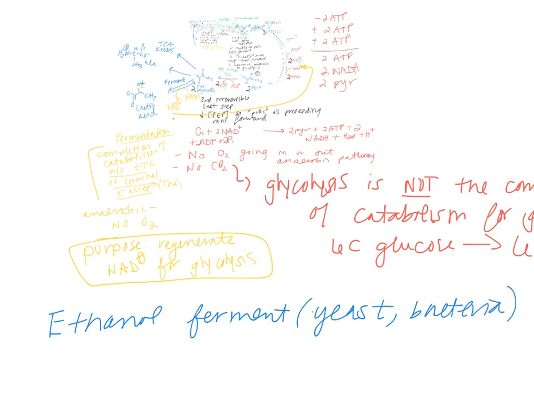where, again, there's glucose to pyruvate, 10 steps, lots of steps, glycolysis happens. And then in ethanol fermentation, there's an intermediate step to acetaldehyde, and this releases a couple CO2s.